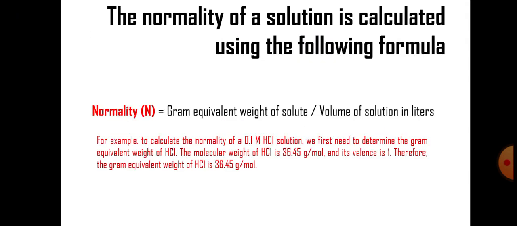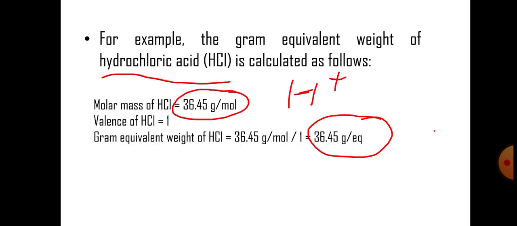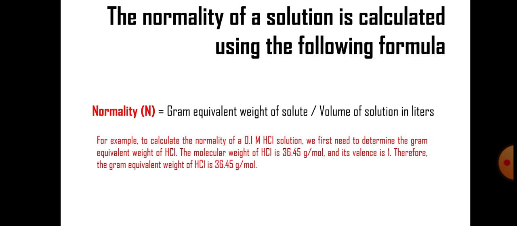The normality of a solution is calculated using the following formula: gram equivalent weight of the solute, which we calculated in the previous slide, 36.45, divided by the volume of solution in liters. To calculate the normality of a 0.1 molar HCl solution, we first need to determine the gram equivalent weight.